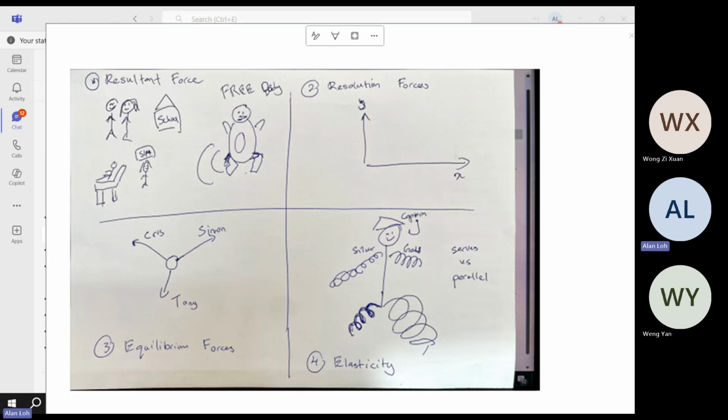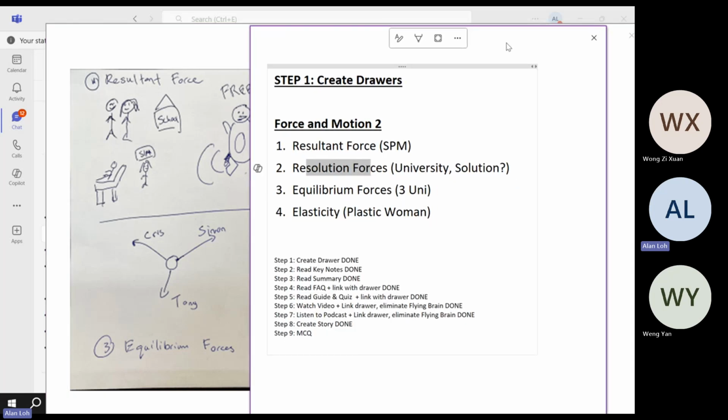Right. Let me pull out the drawers that you need to create. There are 4 drawers. The names of the drawers are resultant force, resolution forces, equilibrium forces, elasticity. Right. So how do I create the sticker?